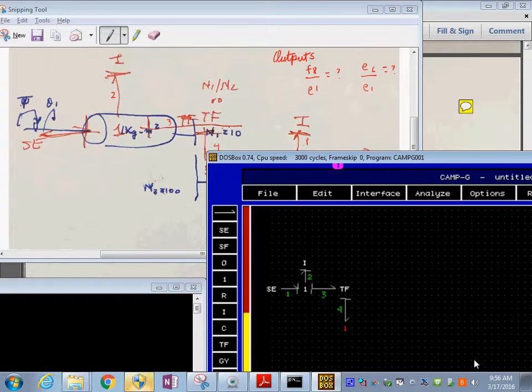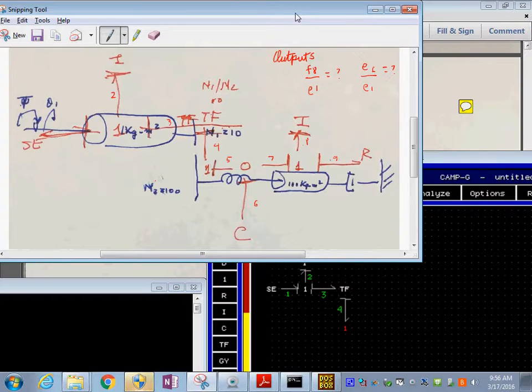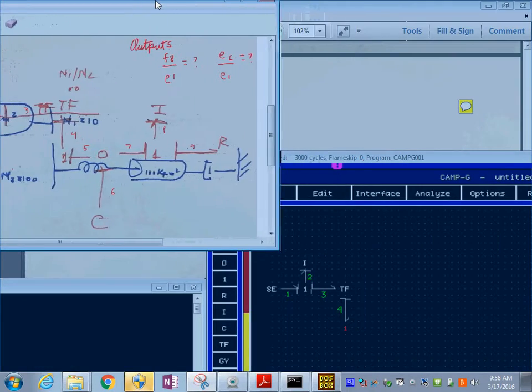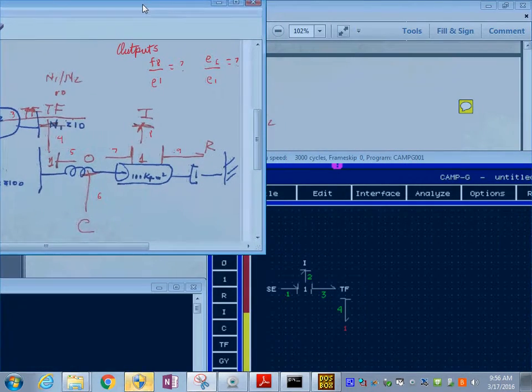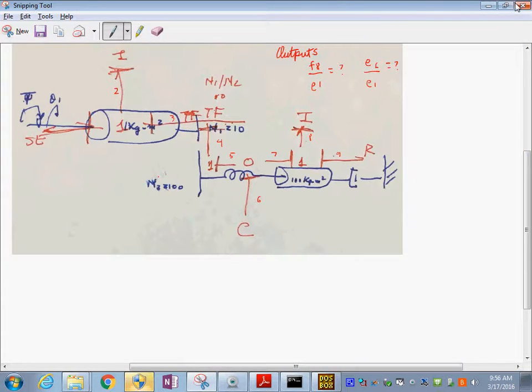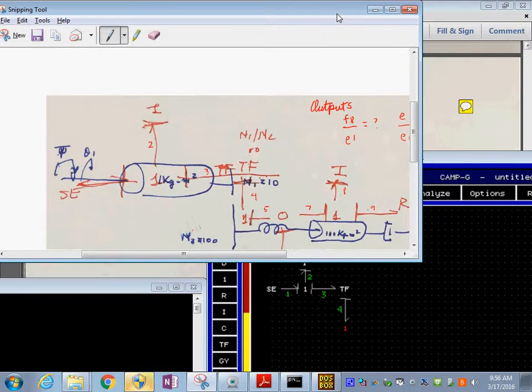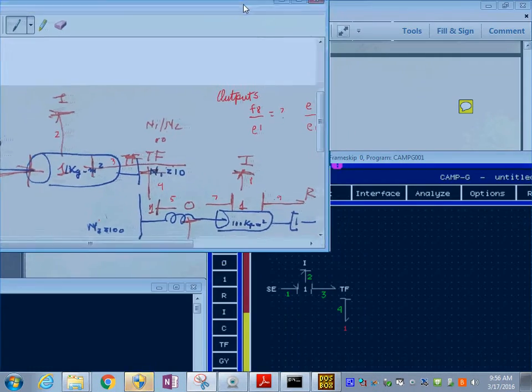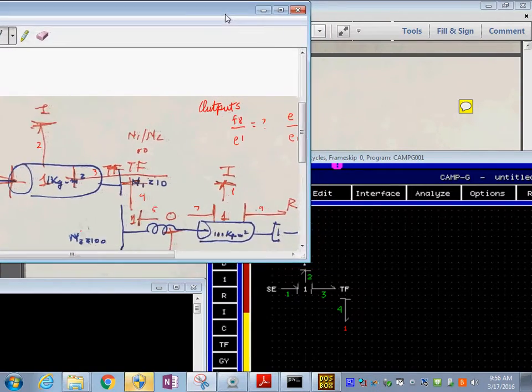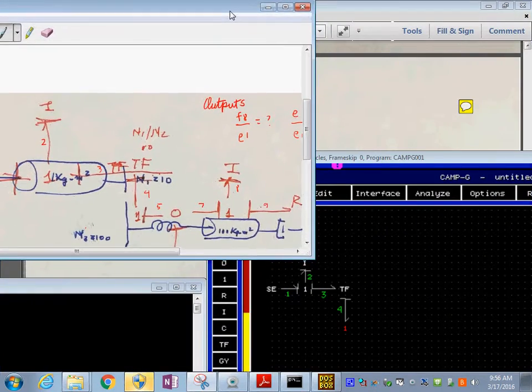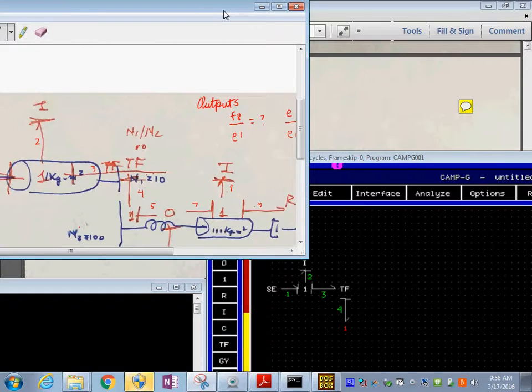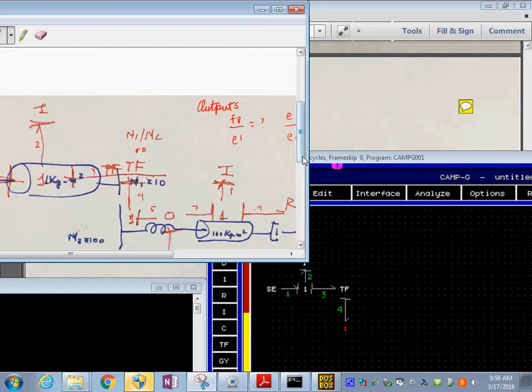This is the entire system as I have it on the left hand side, and my objective was F sub 8 and E sub 6, keep in mind. So now we'll leave the bond graph model up there, move this a little bit here, and then let's just run this.